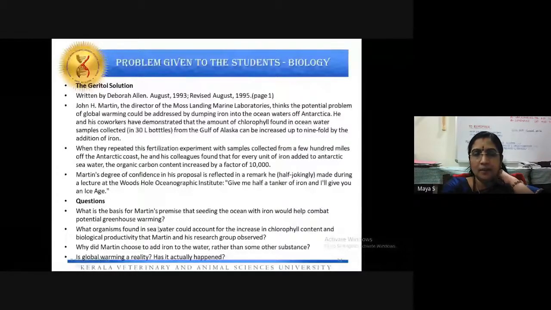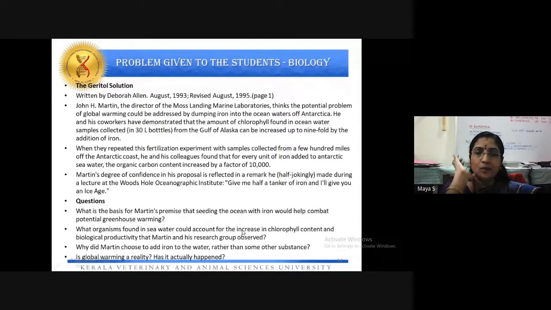In a biology class, by giving this problem, the teacher's intention is that the student should learn by himself what changes may happen if we add excess iron to the ocean water, or if we add another metal into the same scenario, what the differences can be, or why the chlorophyll content increased by adding iron.